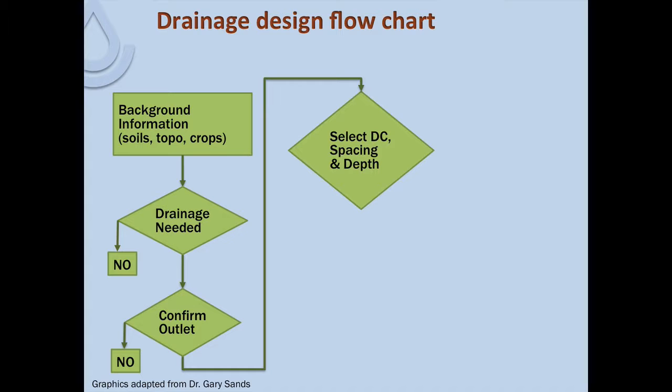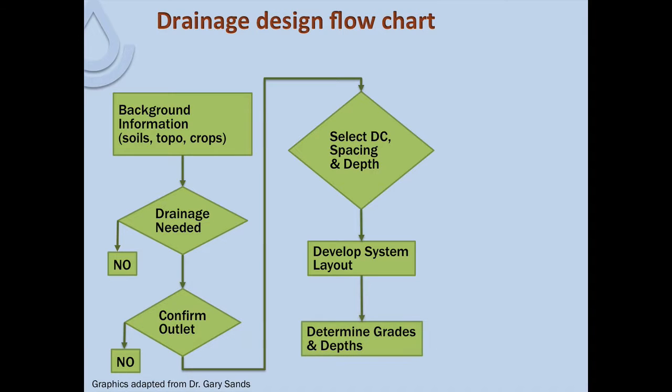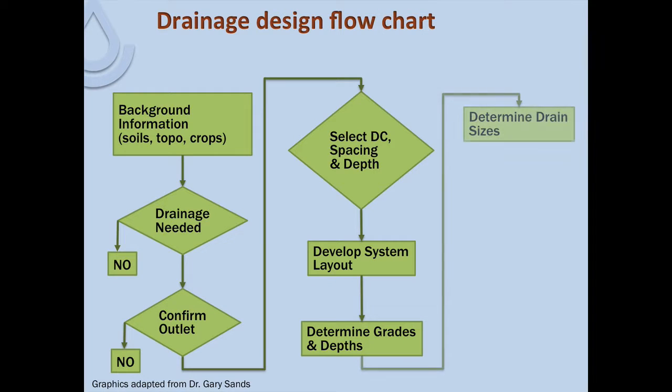And when we're talking about drainage coefficient, that's just a measure of that system capacity again. Then we move on to laying out the system. And then once we've got that layout, we work with our topography to figure out what our drain grades and depths are to match that topography. And then we can move on to actually sizing the drain pipes, and then pulling all that together to be able to actually go out and install that system.